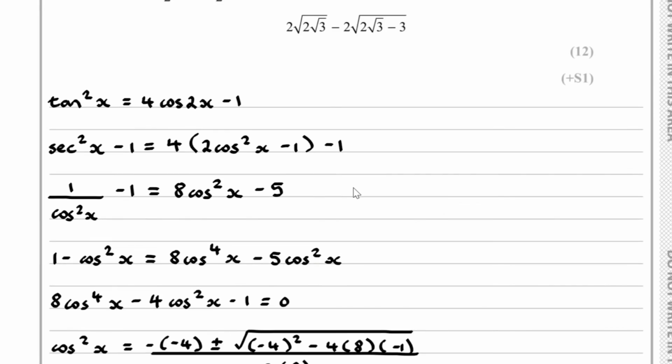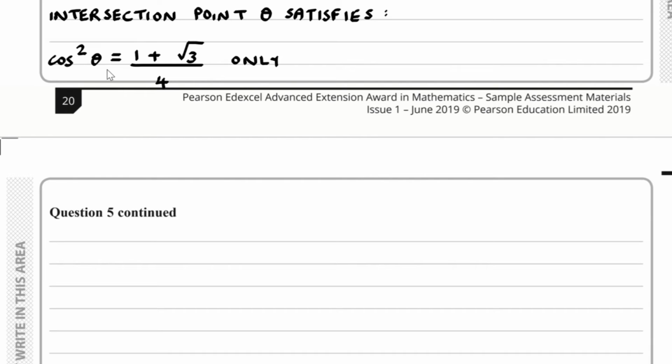And if we know what cos squared theta is, well, from here, we can conclude that cos theta is equal to the square root of this. So if I square root the 1/4, I get 1/2. So I end up with 1/2 times 1 plus square root 3, all square rooted.